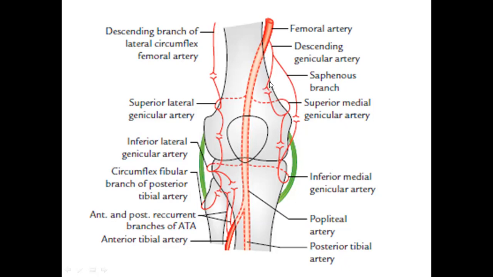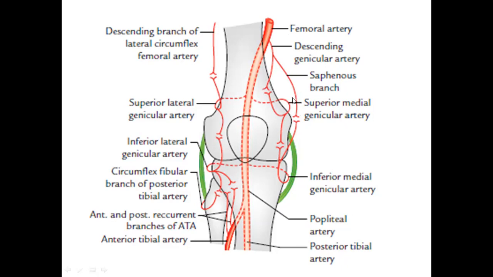Then talking about the inferior medial genicular artery, this one, it anastomoses with the superior medial genicular artery, this one, and the saphenous branch of the descending genicular artery. So this finishes your medial side. Again, on the medial side, what do you see here?